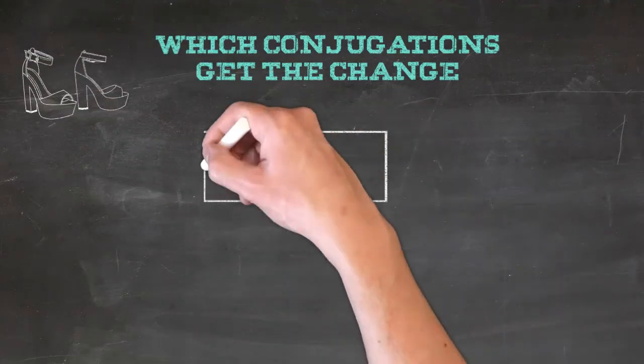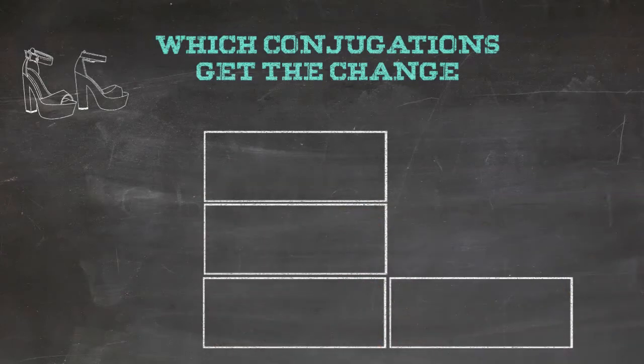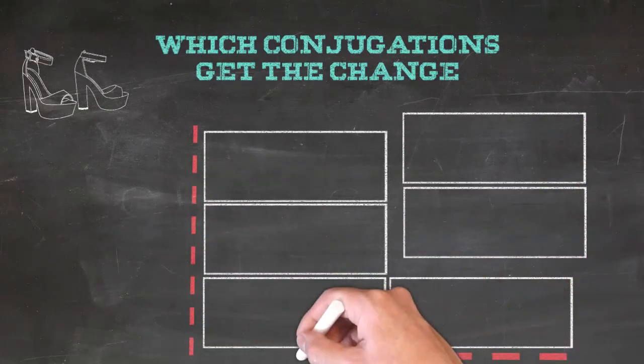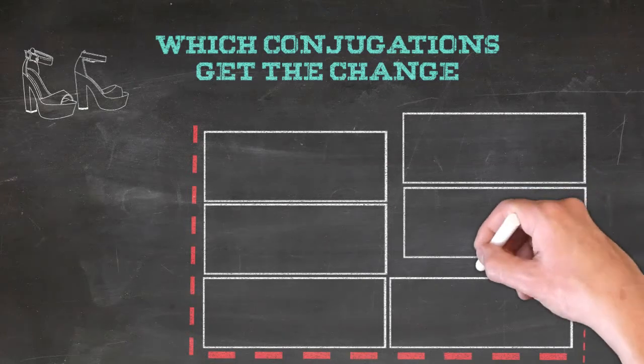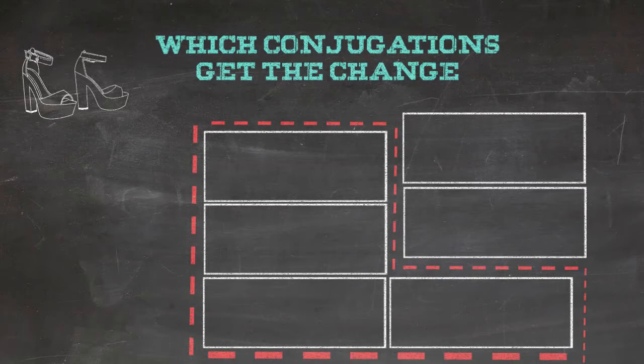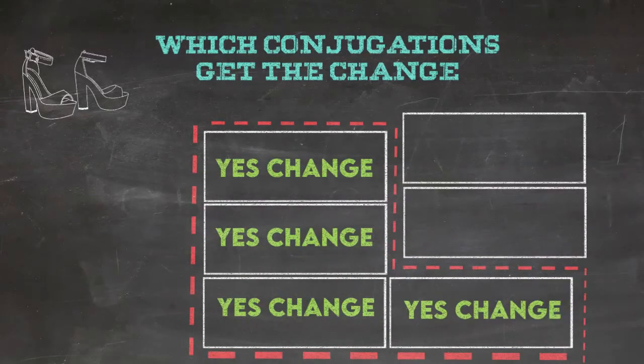Now, the interesting thing about stem-changing verbs is you don't make the stem change or the spelling change for all 6 conjugations. So we're going to break out a couple rectangles. We're going to fence off an area that we're going to consider inside the boot, which is that shape, and outside the boot. So for yo, for tú, for él, ella, and for ellos, we make a spelling change.